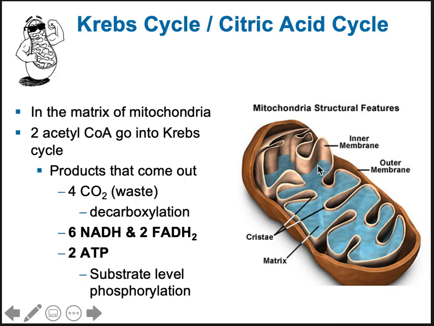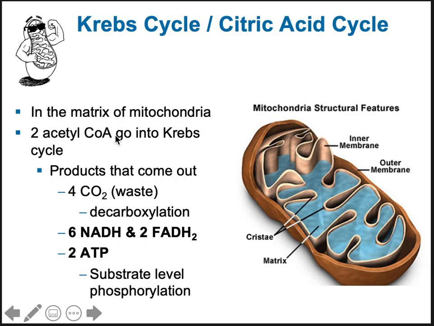So you're in the matrix of the mitochondria, which is shown here in blue. And that's where the Krebs cycle is happening. Okay. It's also called the citric acid cycle because the very first thing that gets made is citric acid. It's called the Krebs cycle after the scientists who discovered this process.